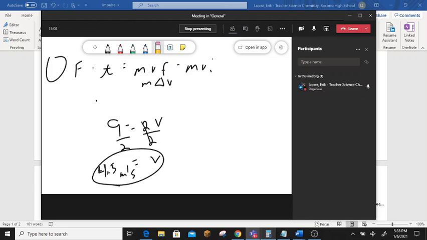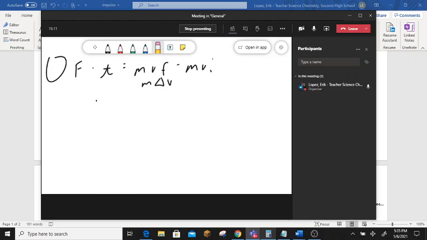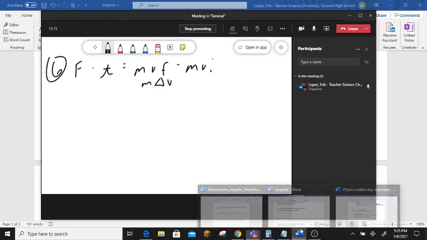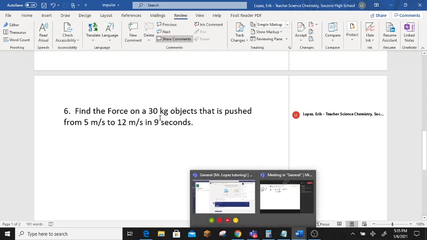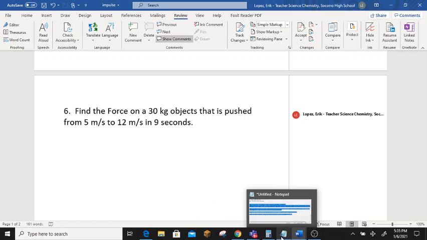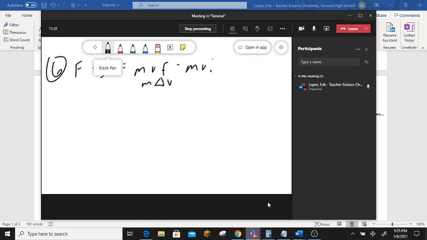Let's do the next example, example number 6. All right, so find the force of a 30 kilogram object that is pushed from 5 meters per second to 12 in 9 seconds. So they're giving us 30 kilograms. All right, let's plug that in, 30 kilograms.